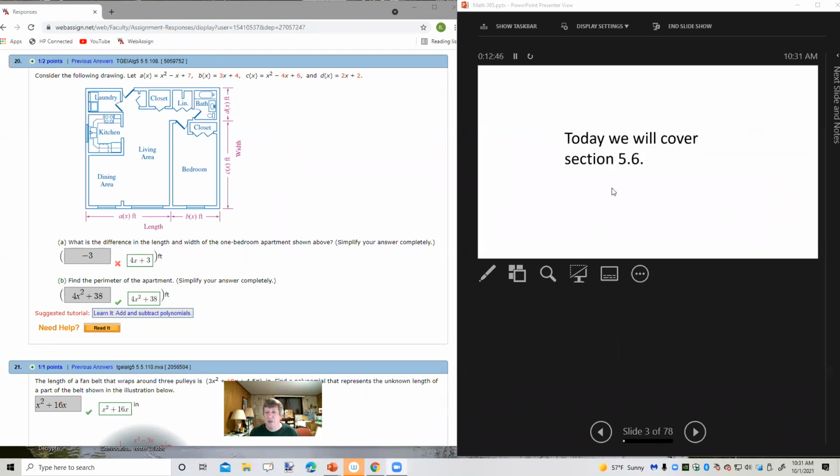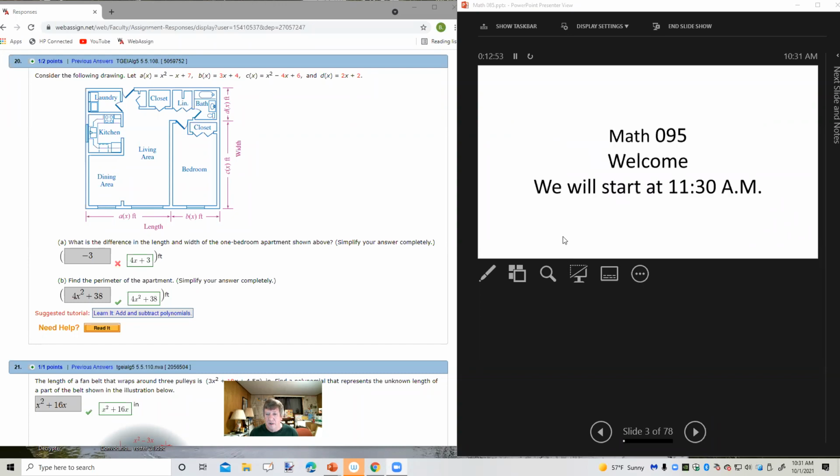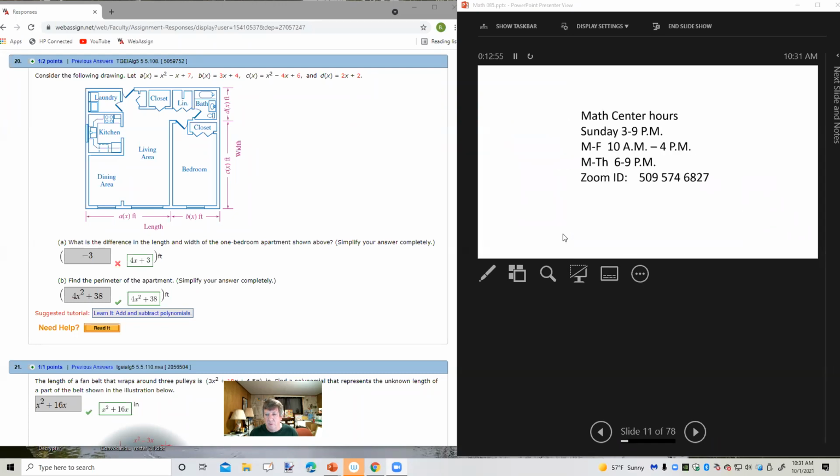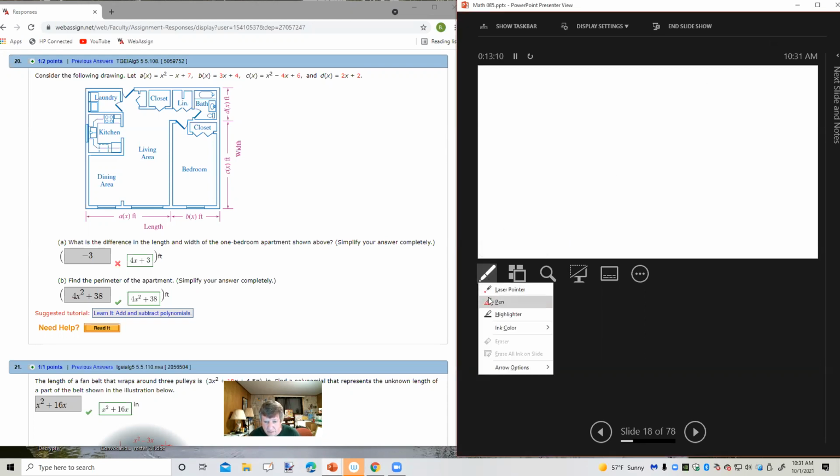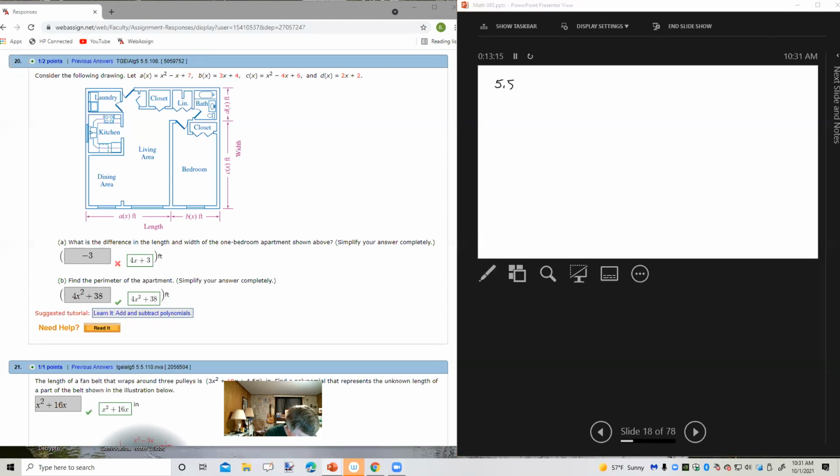All right, so today, eventually, we're going to go on to section 5.6. But first of all, we have several questions people asked about from 5.5. So we are going to take a look at those. This is from section 5.5, number 20.